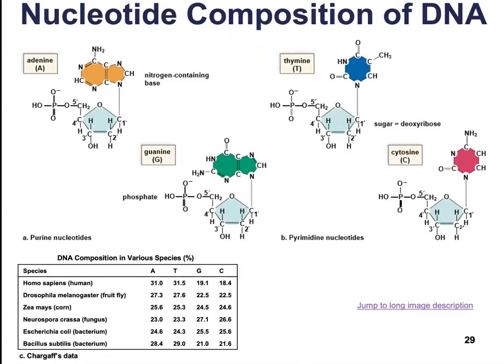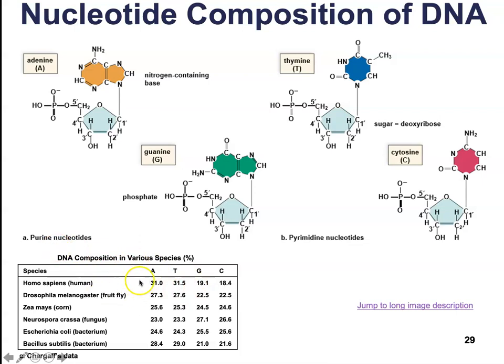So here's what DNA sort of looks like on the molecular level. These are going to be our nucleotide bases. We have adenine over here, guanine, thymine, and cytosine. Down here, we have the relative compositions of each nucleotide base found across the species.